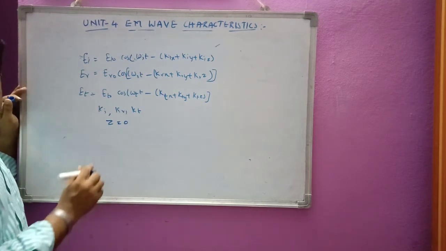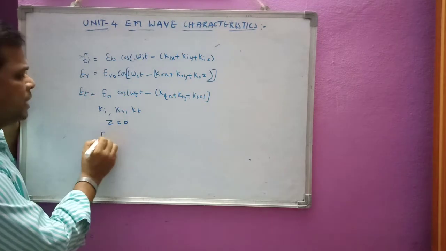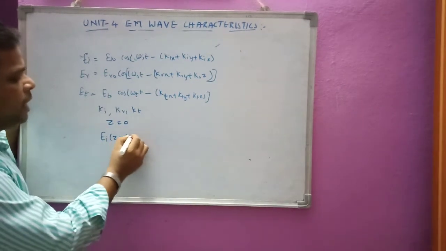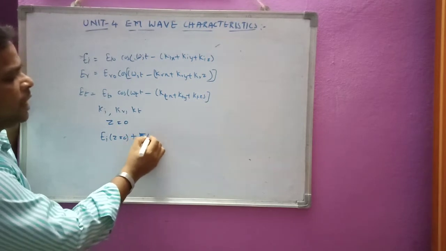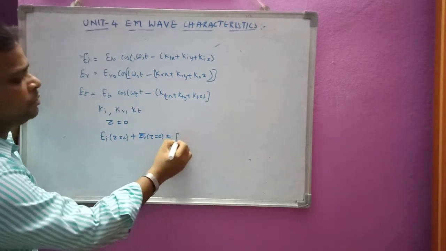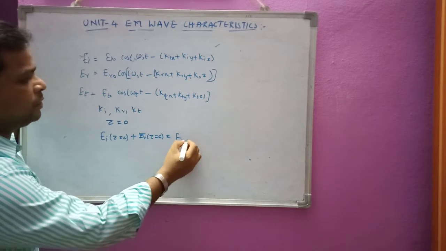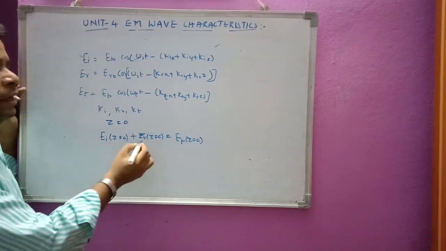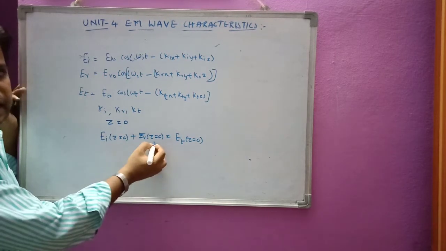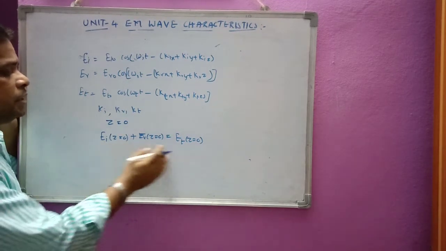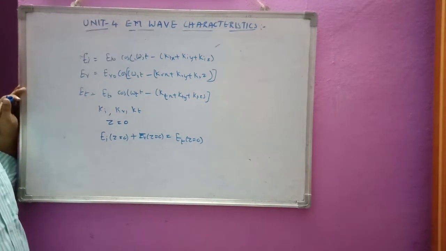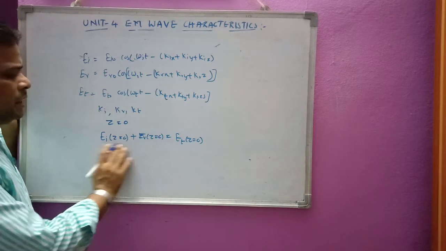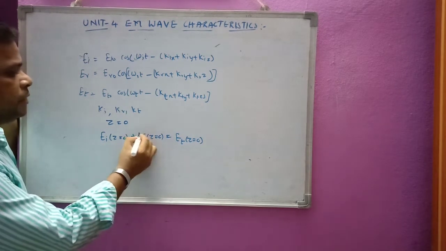I can write that the incident field at z is equal to 0 plus the reflected field at z is equal to 0 is equivalent to the transmitted field at z is equal to 0. That is, the addition of the incident electric field and the reflected electric field is equivalent to the transmitted electric field at z is equal to 0. Okay, so this is the boundary condition which we are going to take here.